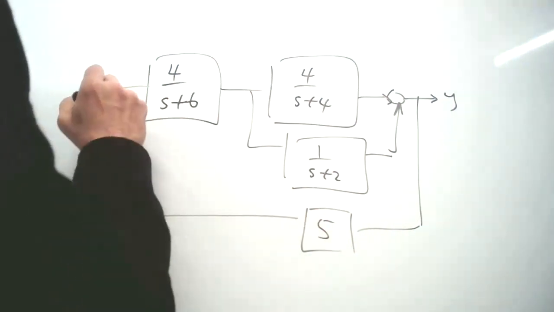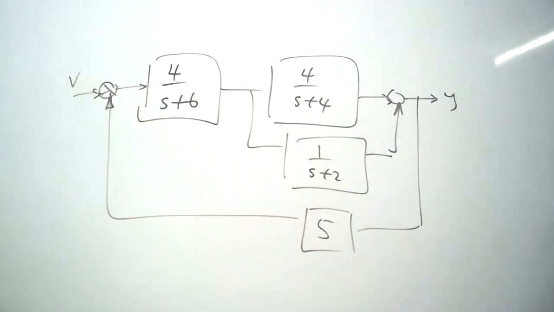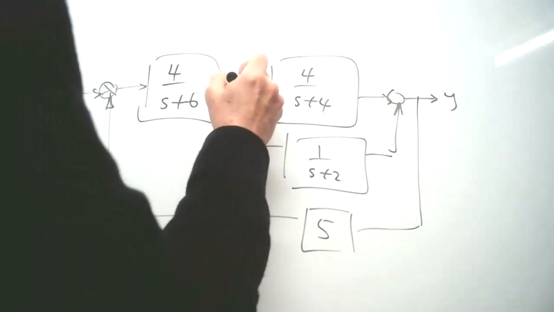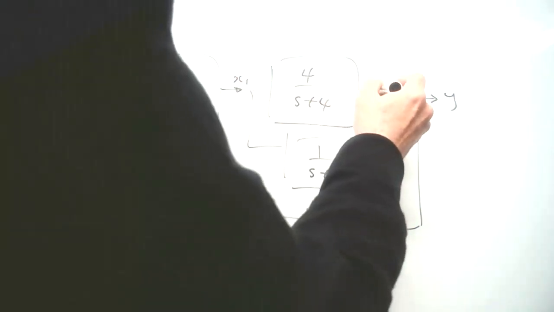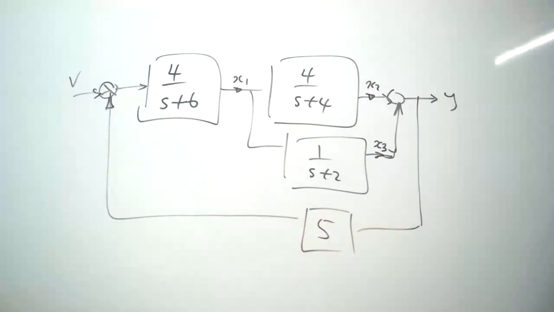And we add this V. So there's the block diagram. And on the labels now, that was x1, that was x2, and that was x3.